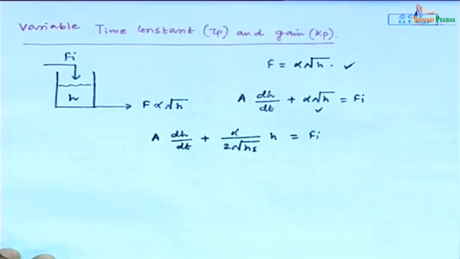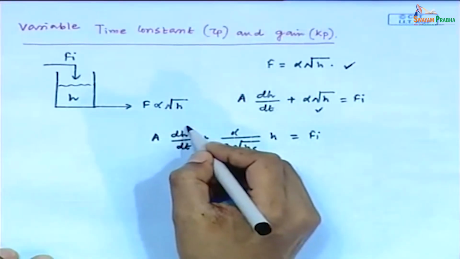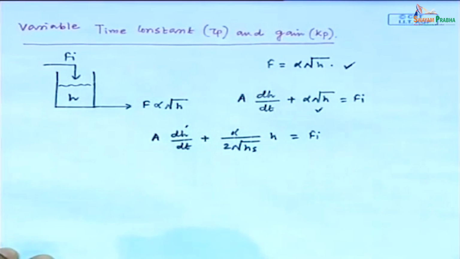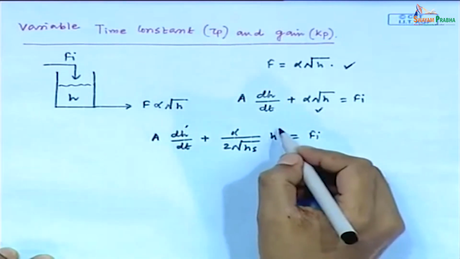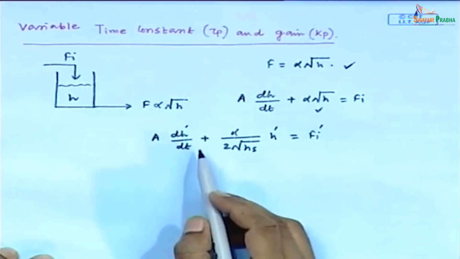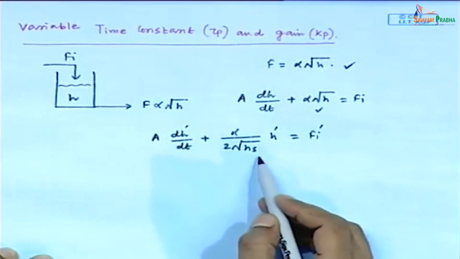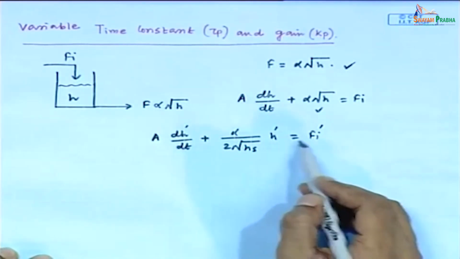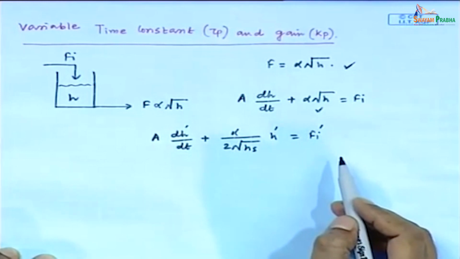We got this equation in linearized form, and considering the deviation variables, we can write this equation in this form: A dH prime dt plus alpha divided by 2 root hs h prime equals Fi prime.